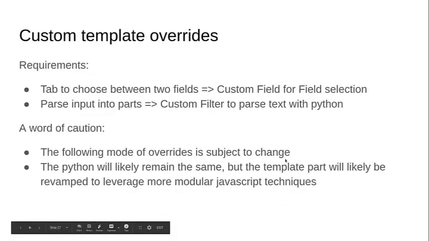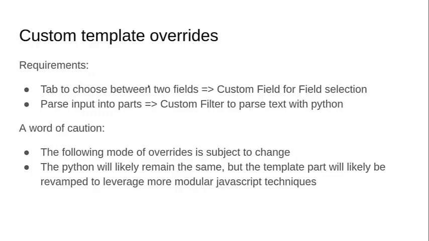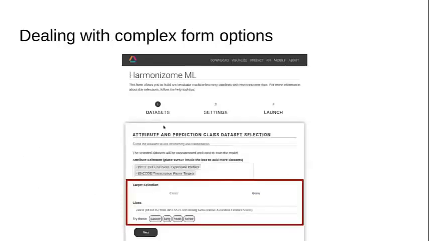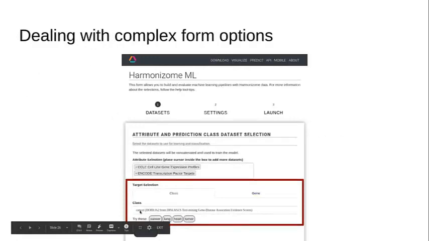So we need a tab to choose between these fields from our custom field, and we also need to parse what we got in this section. Here we have cancer, and then we have the database over here.